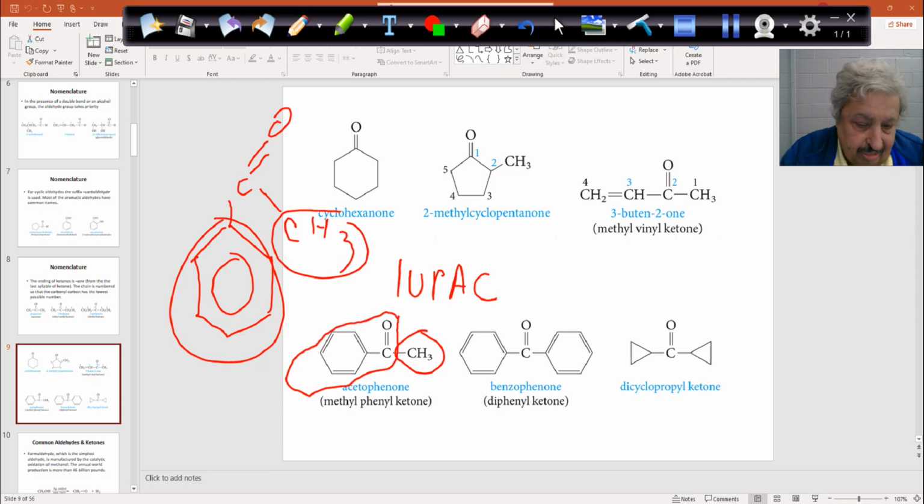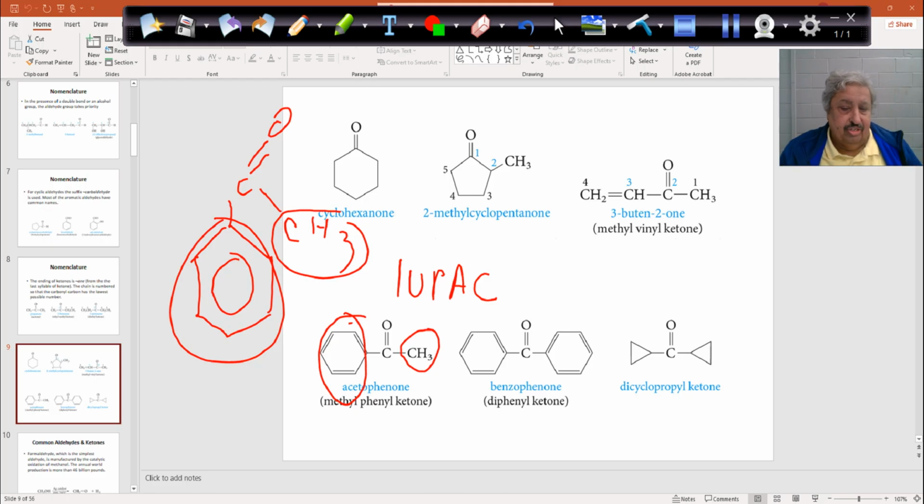That's a ketone. If you name it without the common name, it's easier: methylphenyl ketone, but the name of it is acetophenone.